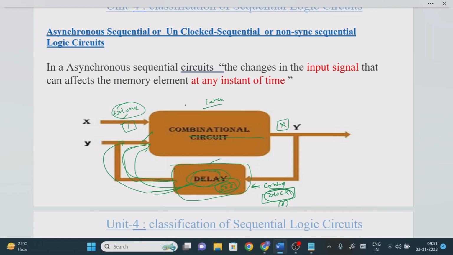So here we have control over the memory element. That is what we call the synchronous sequential circuit. This can be designed by using flip-flop operation. Simply put, the latch plus a control mechanism, nothing but the clock, is called flip-flop operation. Flip means 1, flop means 0, right?